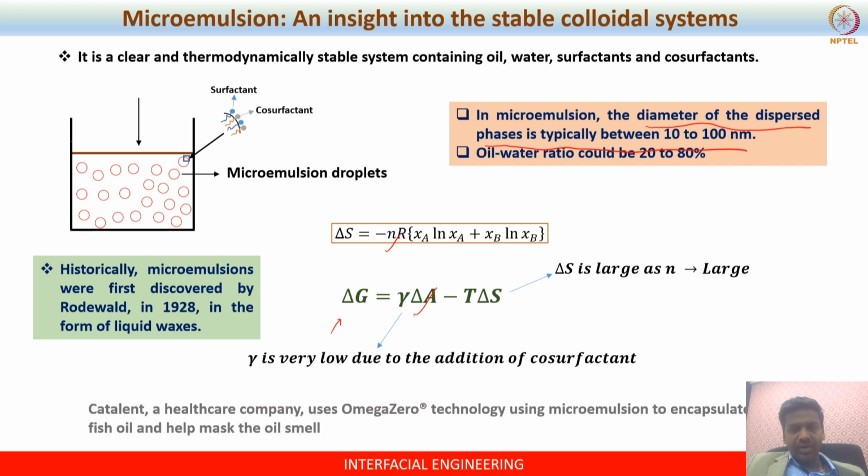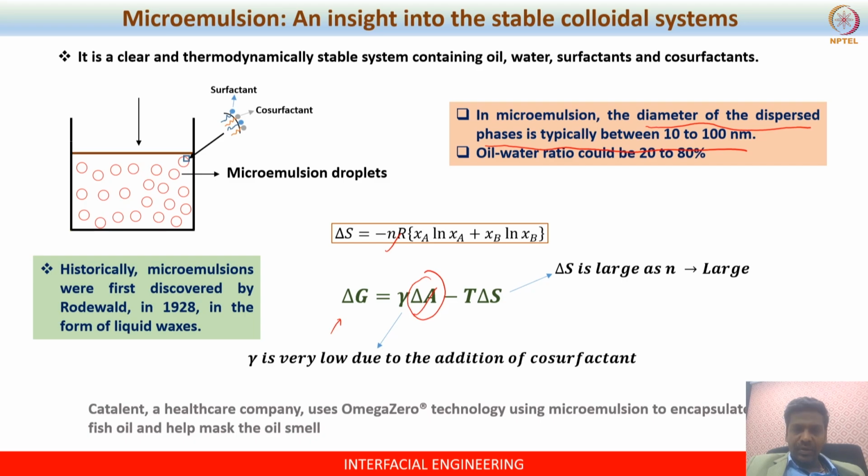So delta G will naturally be negative, because although the change in surface area is very large, we employ surfactant and co-surfactant, and the synergistic stabilization of these two leads to a reduction in the surface tension to a very large extent. We can even say that the surface tension in this case is negligibly small.